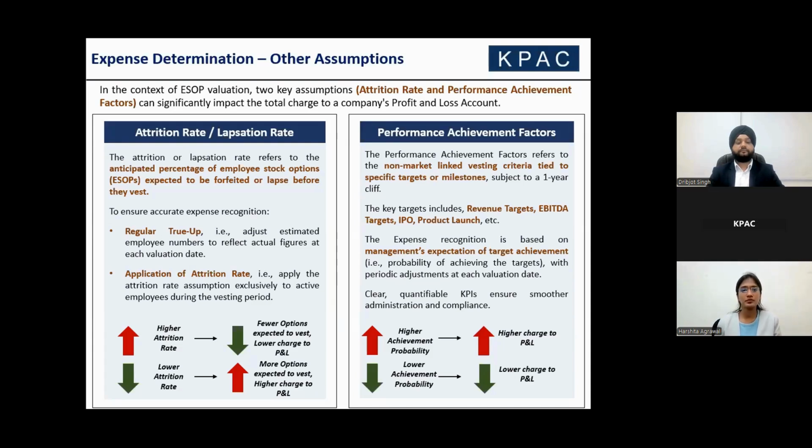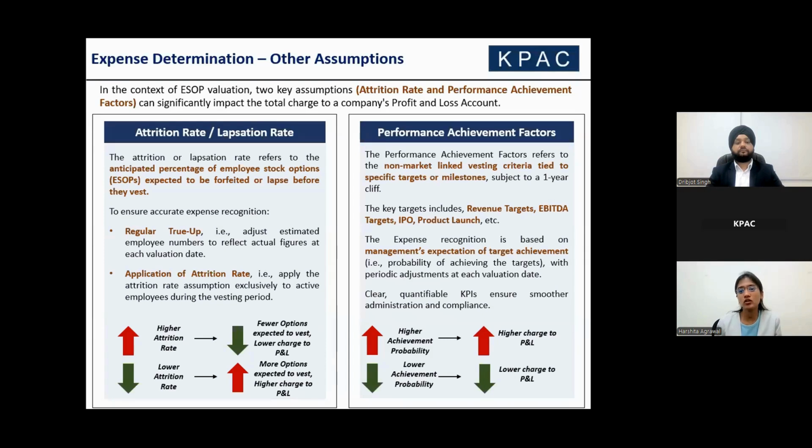First, lapsation rate basically refers to the anticipated percentage of ESOPs expected to be forfeited or lapse before they vest. However, one point to note here is that since ESOPs are typically used as a retention tool, many companies assume a zero lapsation rate, especially for senior employees.